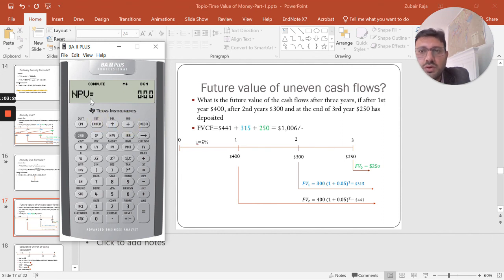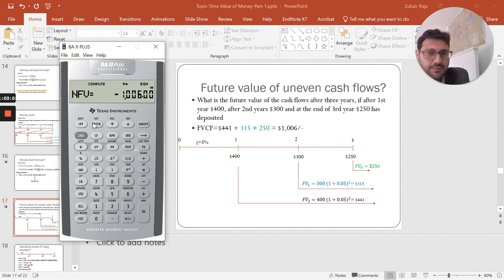And you might have NPV or the NFV. NPV is net present value, and NFV is net future value. If I compute, I'll get right away $1,006.